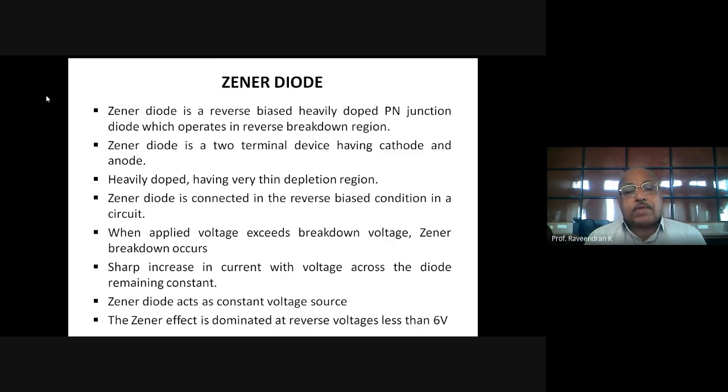In the case of the PN diode, we have seen that it has an appreciably thick depletion region when it is reverse biased, isn't it?